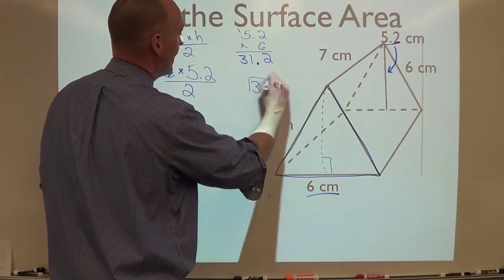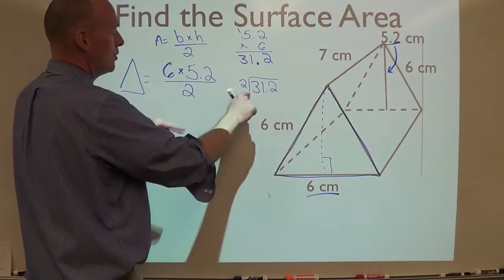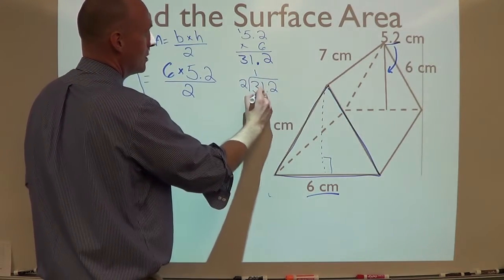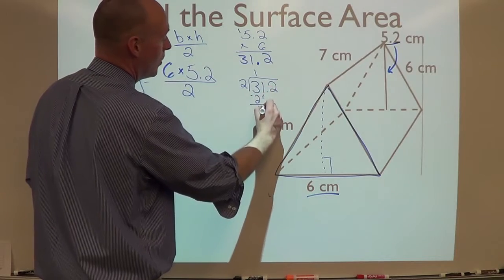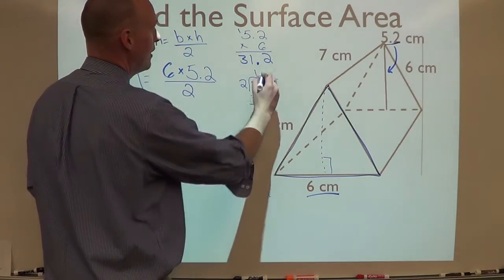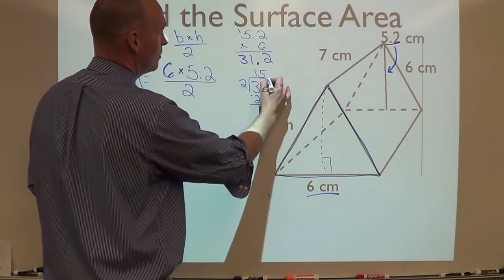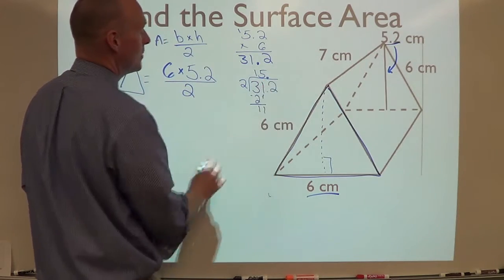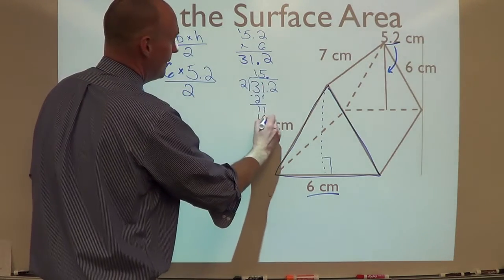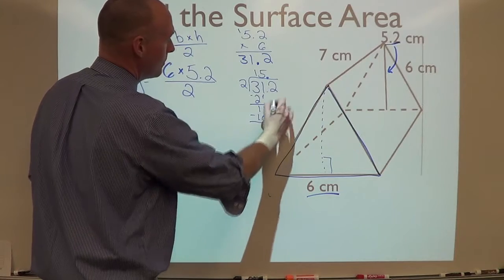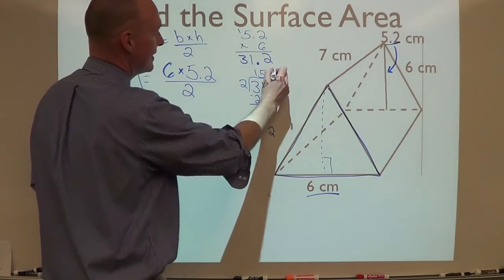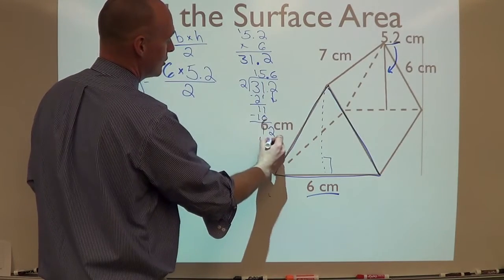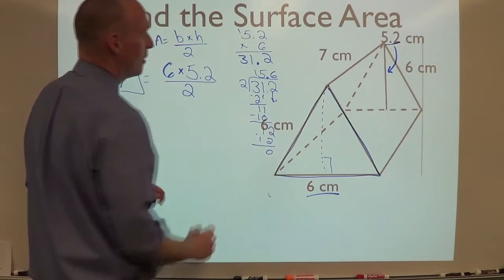So 31.2 divided by 2. 2 goes into 3 one time. 2, subtract, we are left with 1. Bring down the 1. 2 goes into 11 5 times. Oop, got to bring up that decimal place. 5 times 2 is 10. Subtract, 1. Bring down that 2. 2 goes into 12 6 times. 6 times 2 is 12, which brings us to a perfect 0.